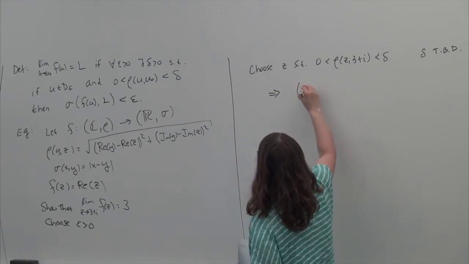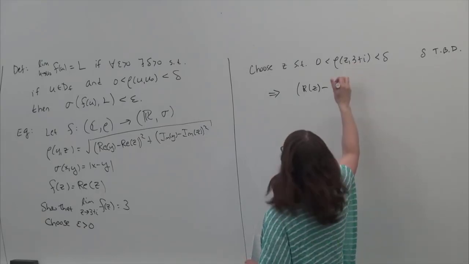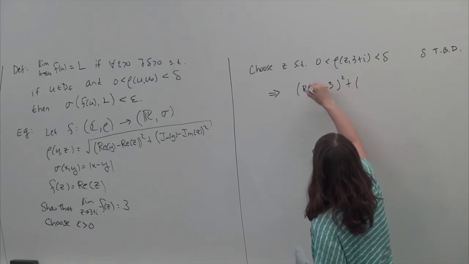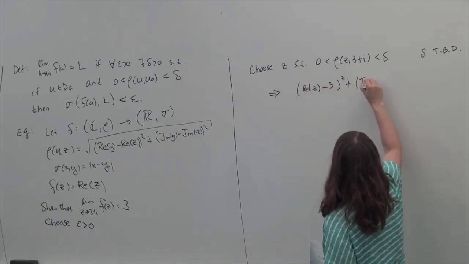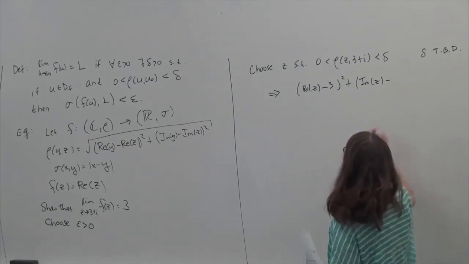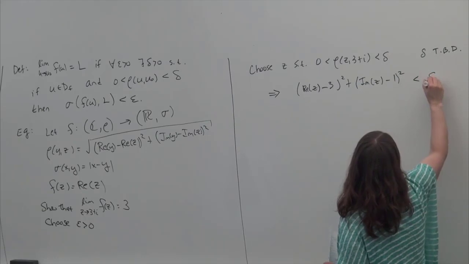Well, the real part of z minus the real part of 3 plus i, that's 3, plus the imaginary part of z minus the imaginary part of 3 plus i, that's 1, is going to be less than delta squared.